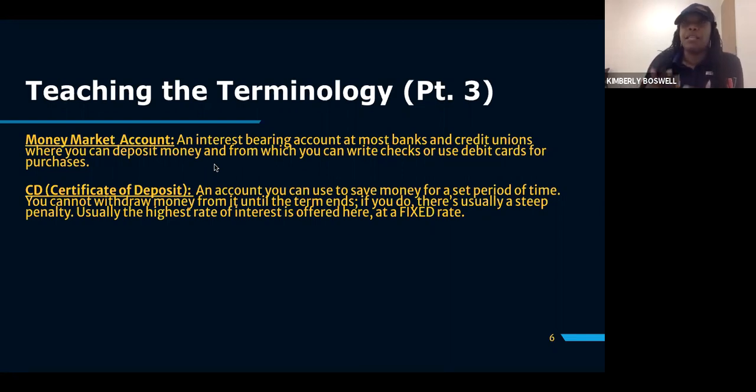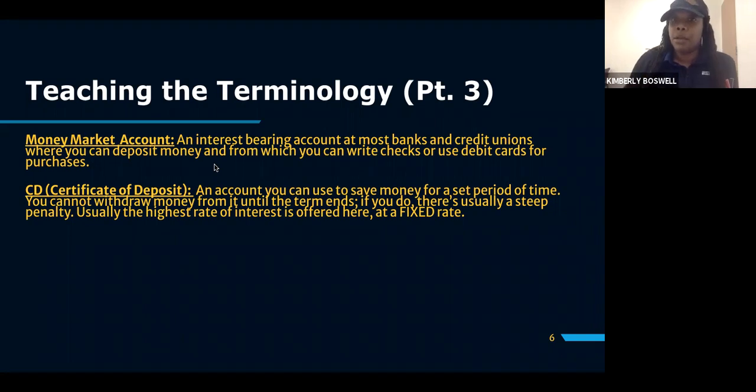So you will be given a higher yield on that account by virtue of the fact that the bank is going to use your funds for a higher yield activity. So in return, you will receive a higher yield. And as I said, it's comparatively higher in comparison to the savings and the checking account.